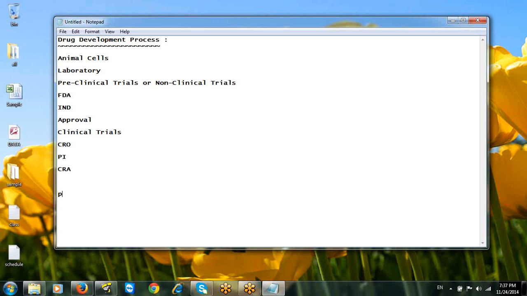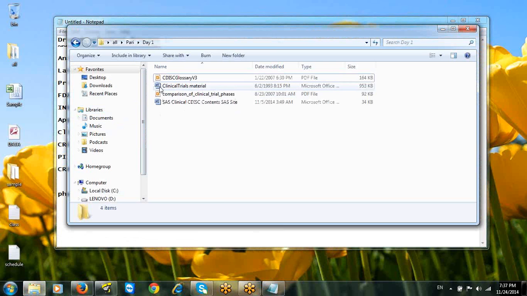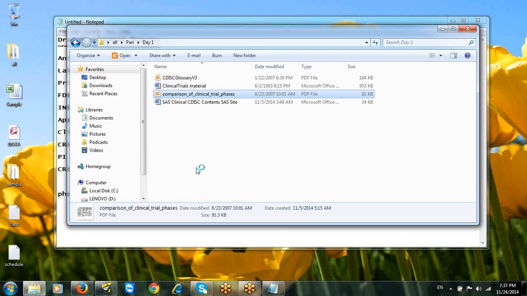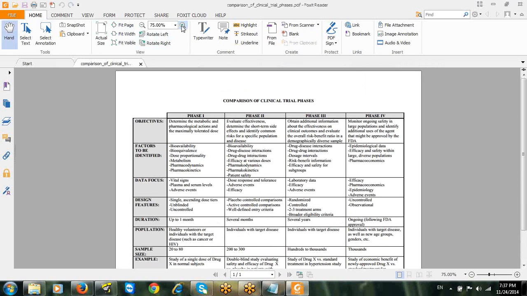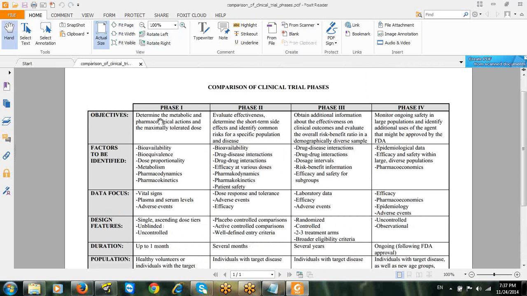And when it comes to the clinical trial, we know that here we have different phases. When it comes to phase 1, the main objective is to determine the metabolic and pharmacological actions and maximally tolerated doses.